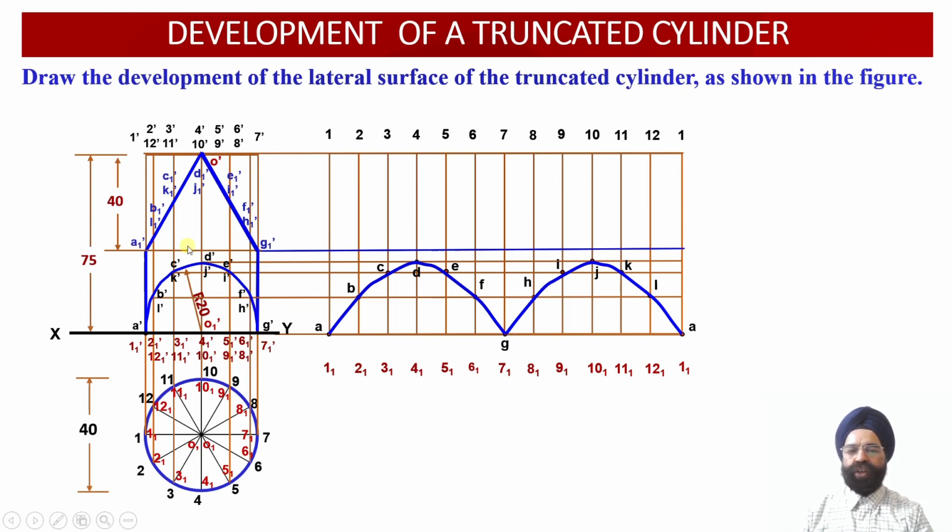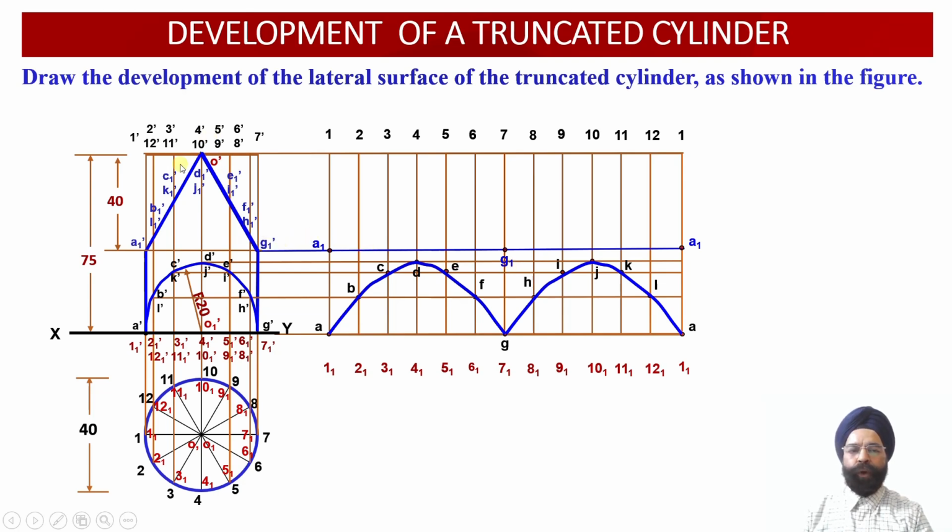So if we draw a horizontal projector through A1 dash and G1 dash over here, the intersection of this horizontal line with 1 1 1 will provide us with the location of the point A1, and the intersection of this horizontal line with 7 7 1 will provide us with the location of the point G1 over here.